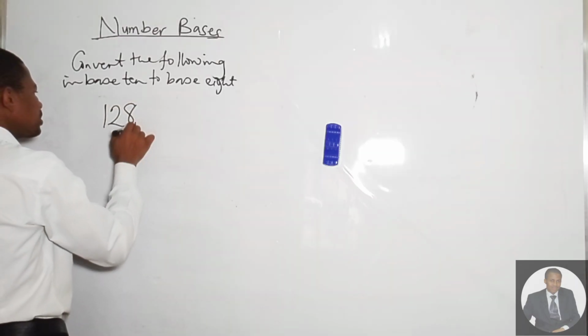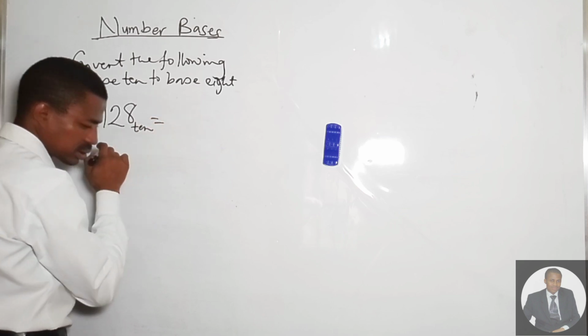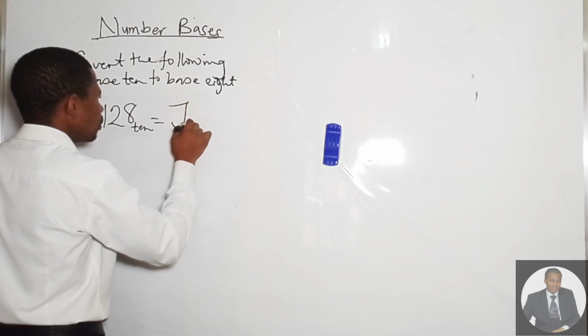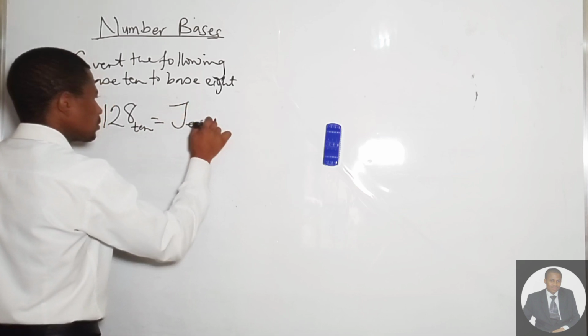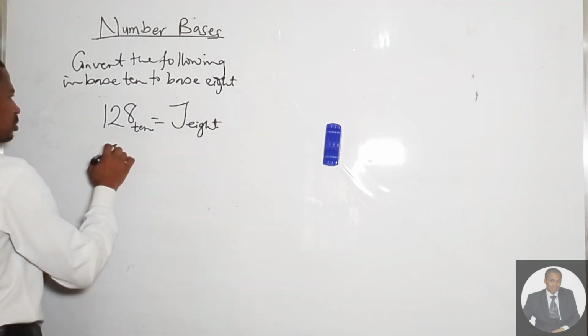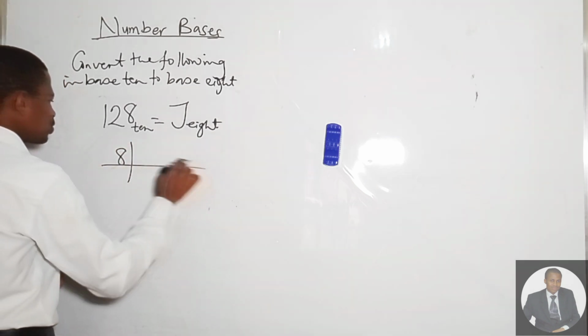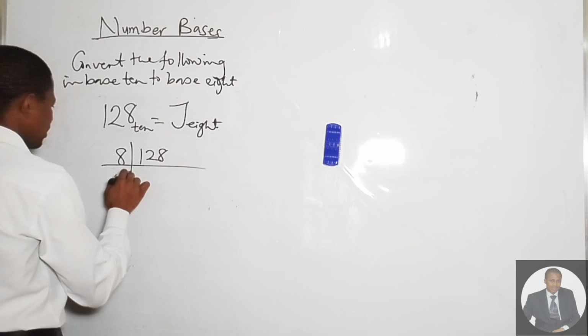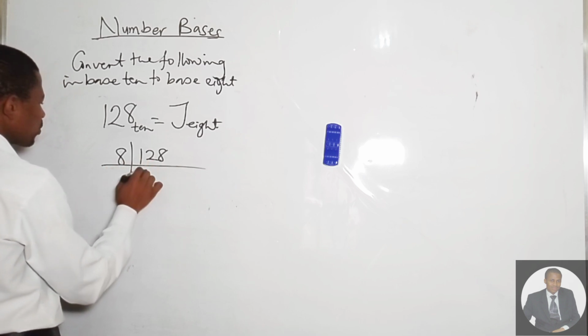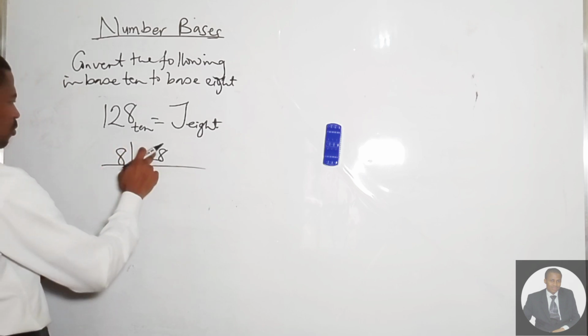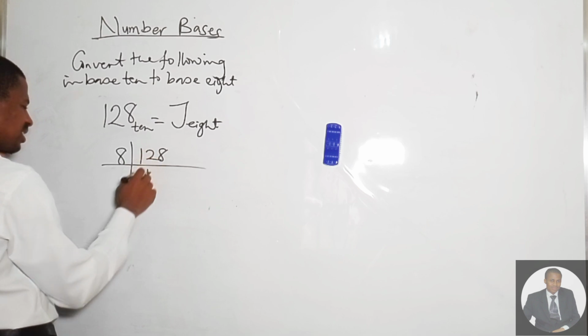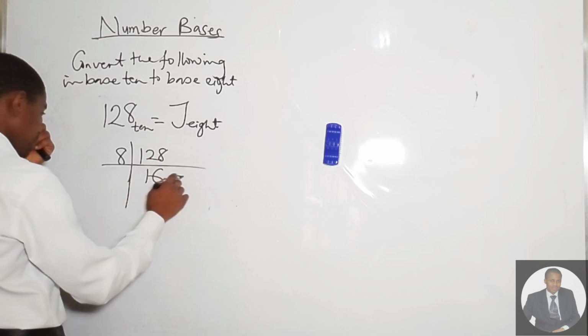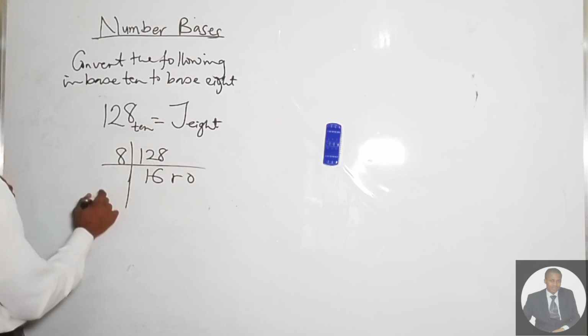128 base 10 equals j base 8. So we divide 128 by 8. How many 8s are in 12? 1, remainder 4. How many 8s are in 48? That's 6, remainder 0.